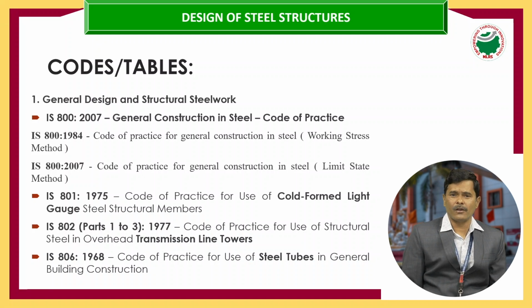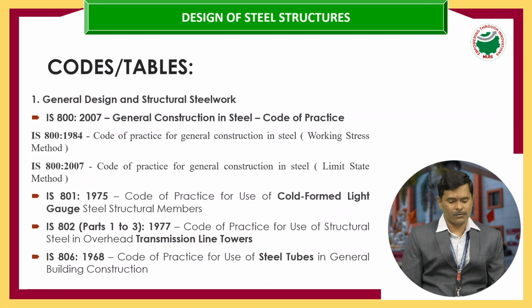That is the reason why we now use the code IS 800-2007, the Limit State Design Method. When we design structural steel elements by the limit state design method, it will be economical. That is why we follow the limit state method design code.